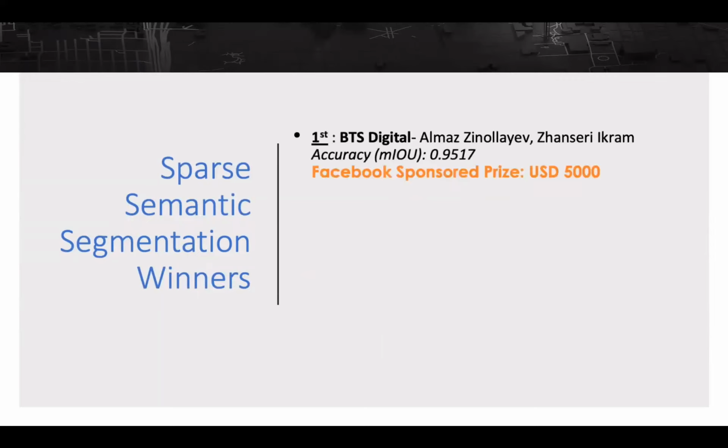And the winners for Sparse Semantic Segmentation Challenge are: the first place goes to Team BTS Digital from Kazakhstan, represented by Almaz and Zhanserik. Their submitted model produced an accuracy of 95.17% measured in terms of the mean intersection over union metric.